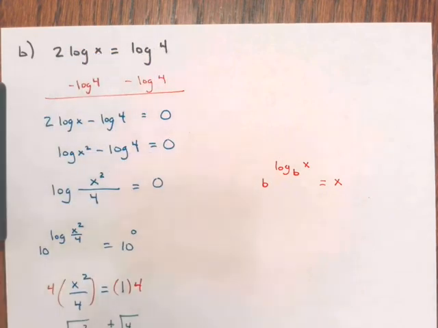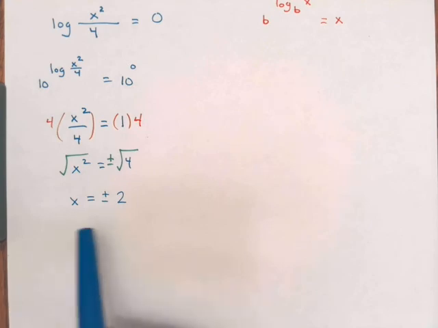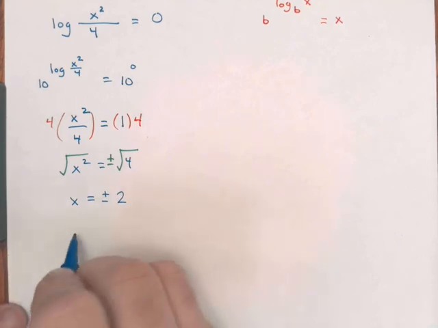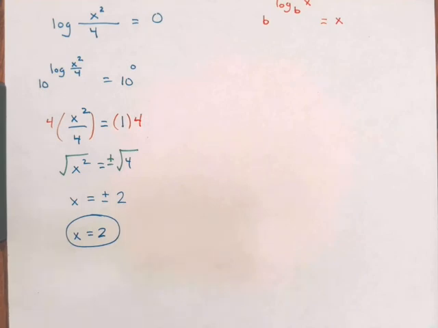And we can't take the log of a negative. So negative 2 will not work. The only answer to this one is simply 2. You can plug those in and evaluate that on your calculator, and that would be totally fine. Your calculator would give you an error on that. Or you can eliminate that as a solution by visually plugging in those values.